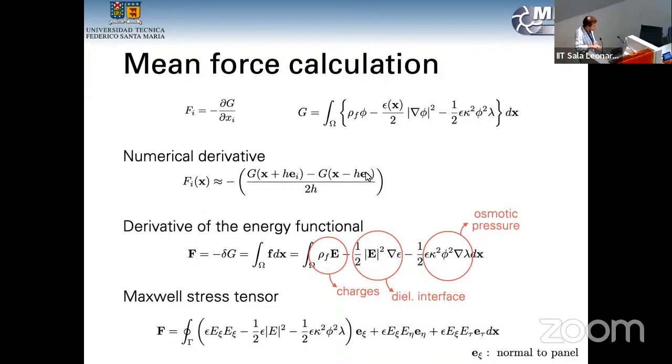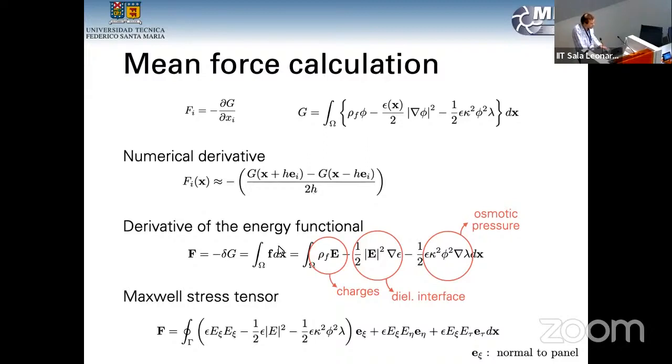Now, of course, that's hard, because if you want accuracy, this h needs to be small, but if h is small, the G is going to be very similar, so you need a very accurate calculation of your solvation energy to get this. So that's hard, but it's still good, it will give you at least the right sign. It will give you the right trends. So it's good to have it there.